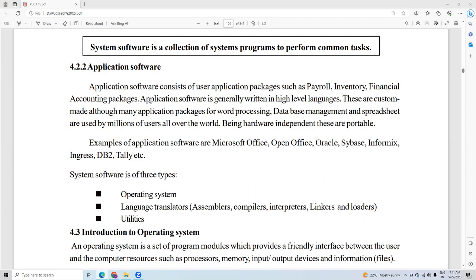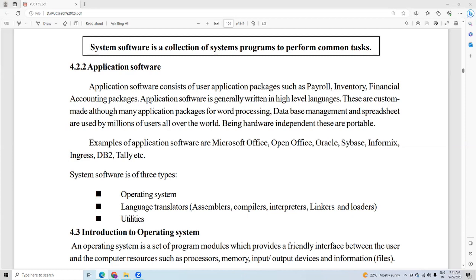MS Word, Excel, PowerPoint, Access, right? And Google Chrome. So many of the softwares are used by millions of people all over the world. These are general software. The software which is there for a bank is custom made software which is suitable only for that bank, not suitable for another bank.